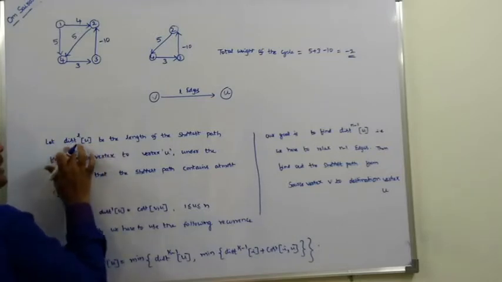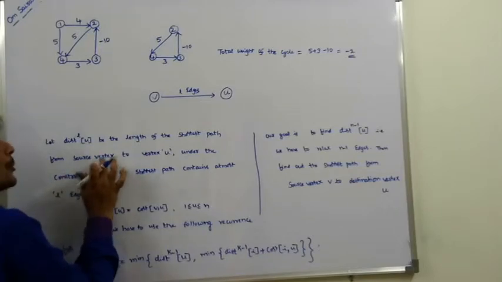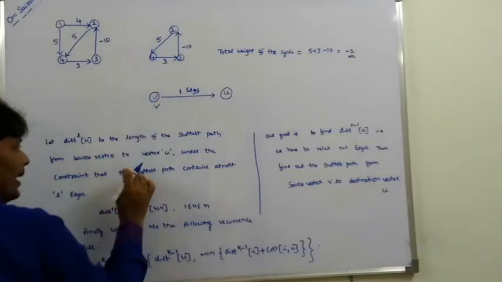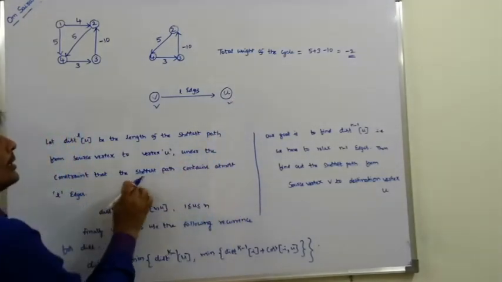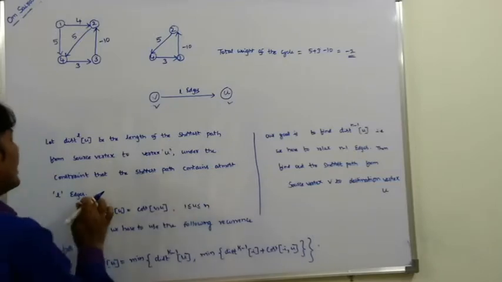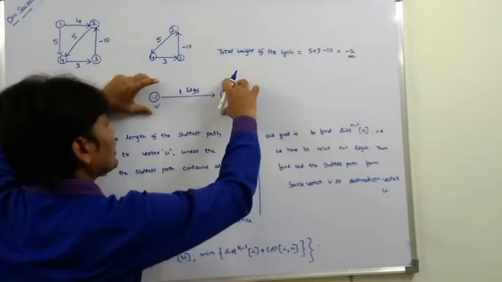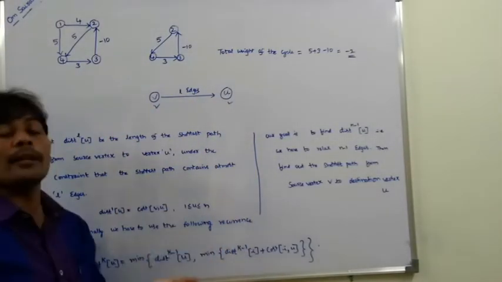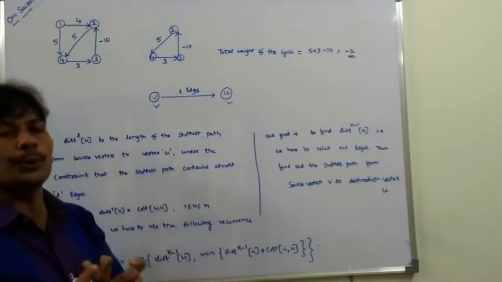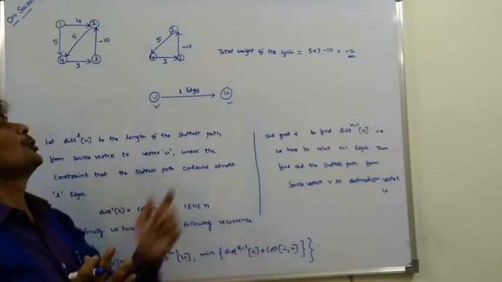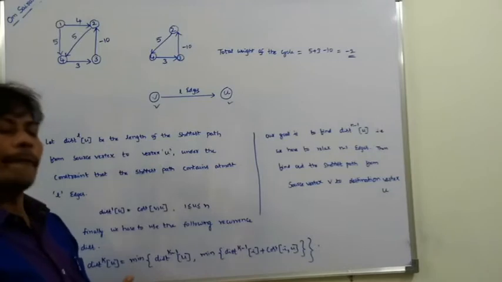Dist L of U is the length of the shortest path from the source vertex V to the destination vertex U under the constraint that this shortest path contains at most L number of edges. So we have to travel through L number of edges to reach the destination vertex U from the source vertex V.